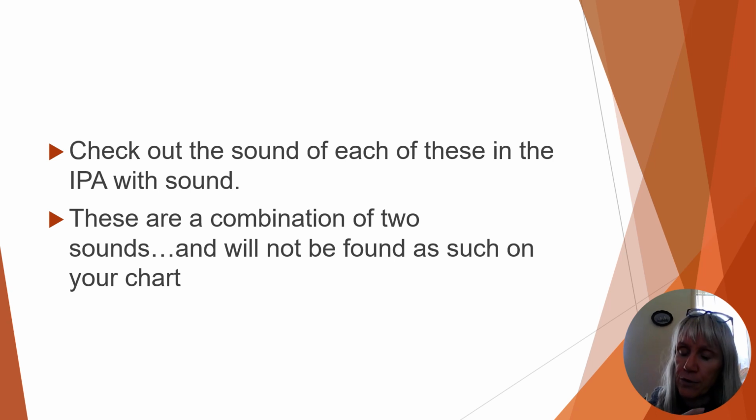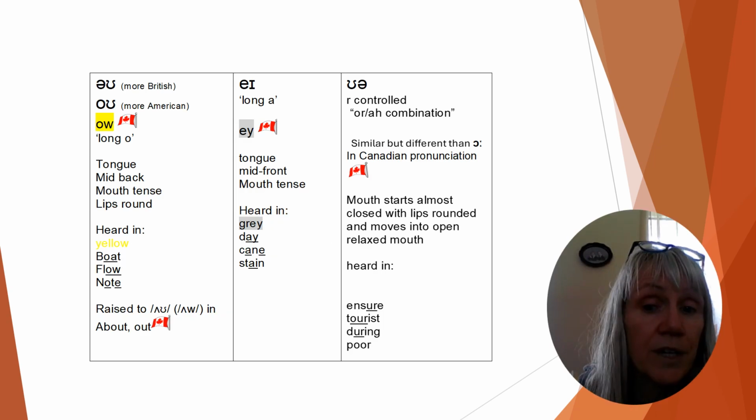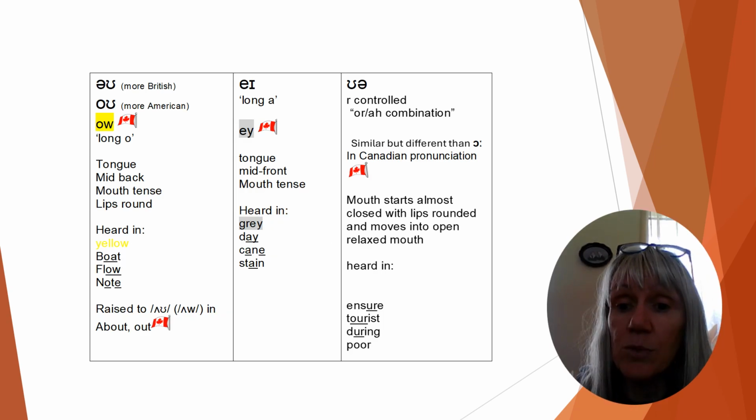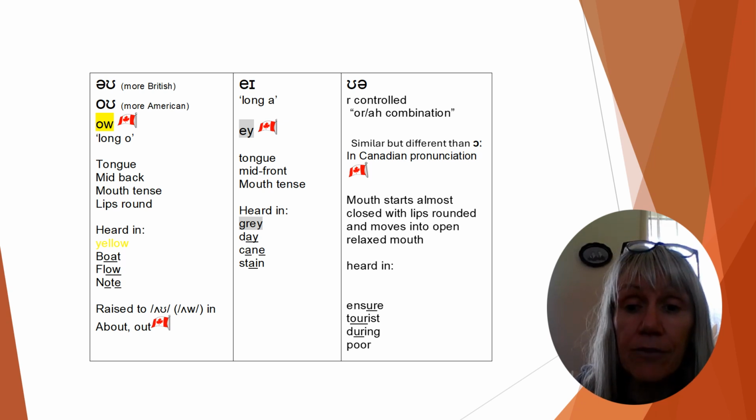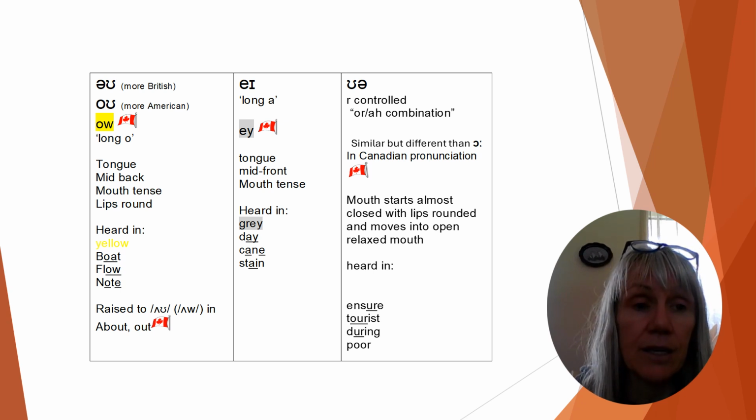So you're going to look for the first symbol, click on that, and quickly move on to the next symbol and click that to try to get that combination of sound that you're hearing. So moving on to our diphthongs, again you will see two phonetic symbols. And if you're looking at the IPA sound chart, you're going to have to do one symbol at a time, okay, in order to get that sound.